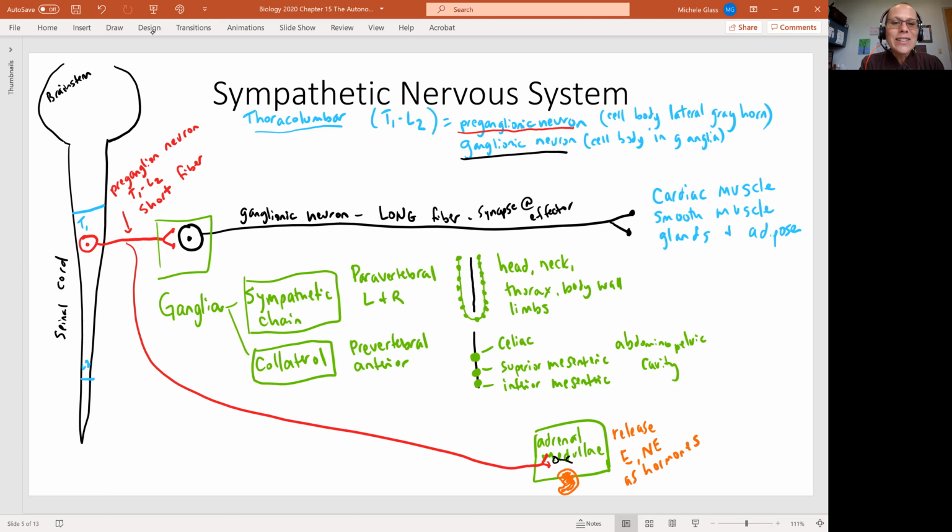The reason for that is because you had the quick signaling happening at your synapses, and then you have this more long-term signaling happening from the adrenal medullae, where you're getting the epinephrine and the norepinephrine released as hormones. And so then those signals are in the bloodstream. It's a little bit longer lasting and more widespread sort of signaling.